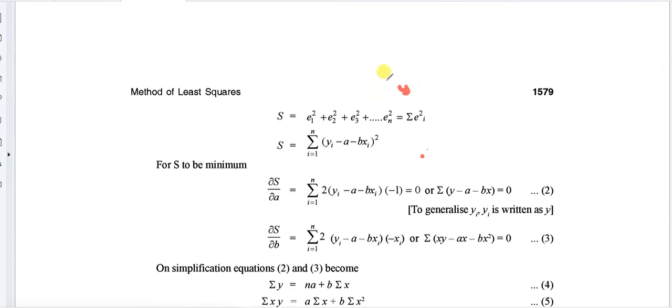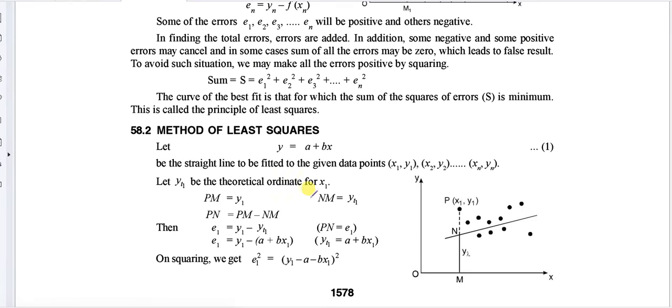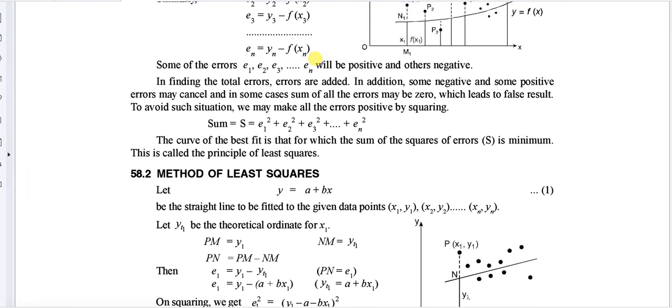You can see it here: yn minus f of xn, as a pointwise cost function.